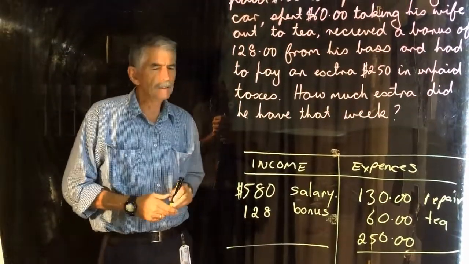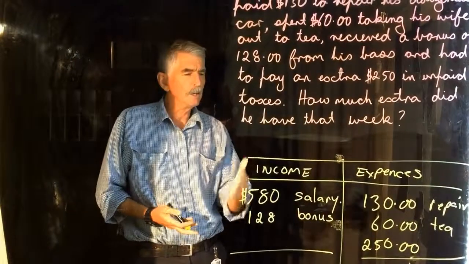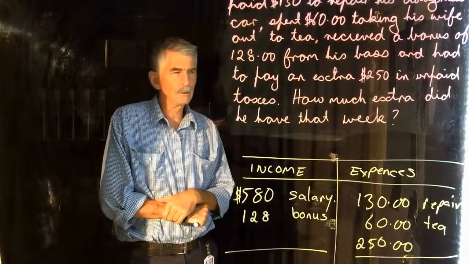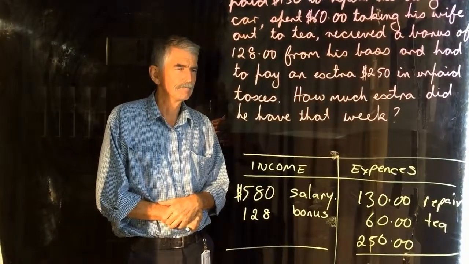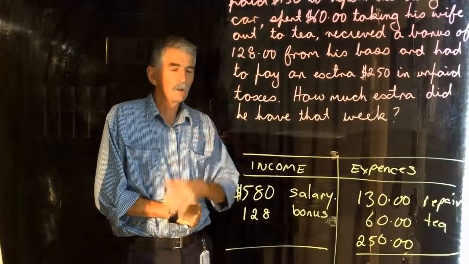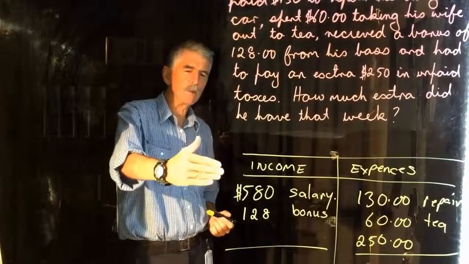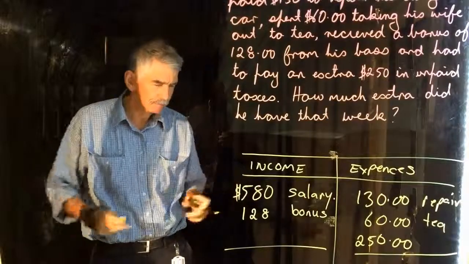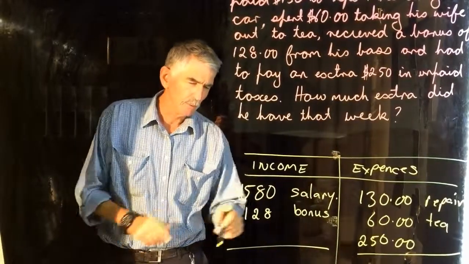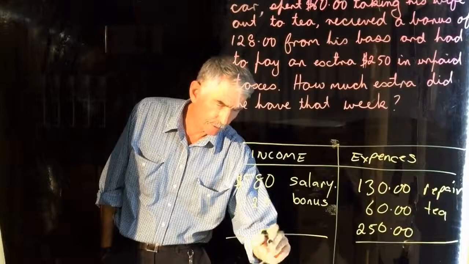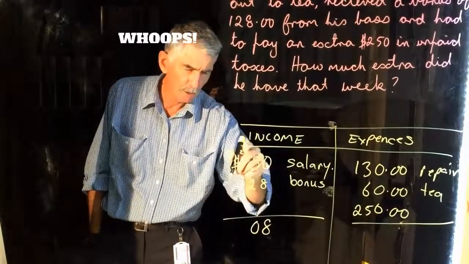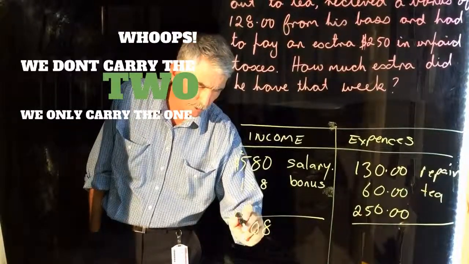Alright, now that we've organised our money into income and expenses, what will be the next thing that we'll do with this? Right, so what we'll do is we'll tally up our income and we'll tally up our expenses. So 0 and 8 is going to be 8, 8 and 2 is going to be 10, we put out a 0, we trade up a 2, 2 and 5 is 7, and 1 is going to be 8.